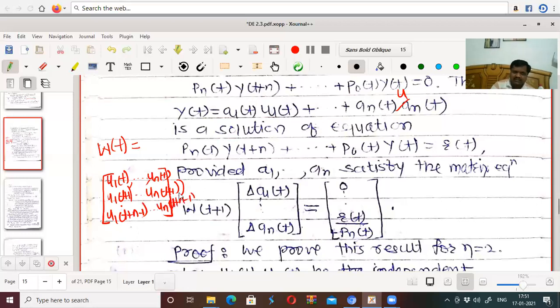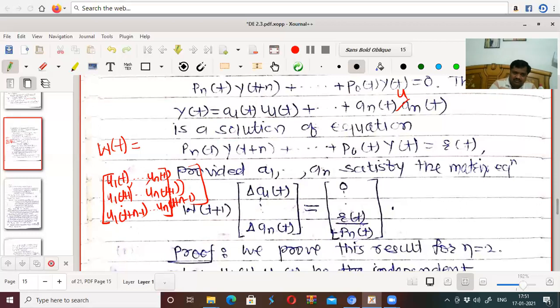This is an n by n matrix, this is an n by 1 matrix, so their product becomes an n by 1 matrix, and this is also an n by 1 matrix. If we equate them, we get n different equations.